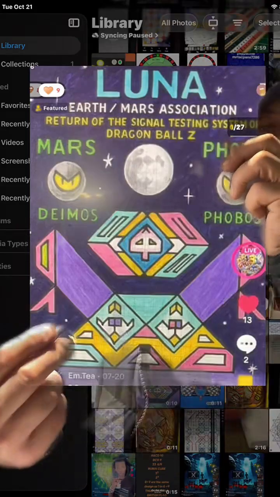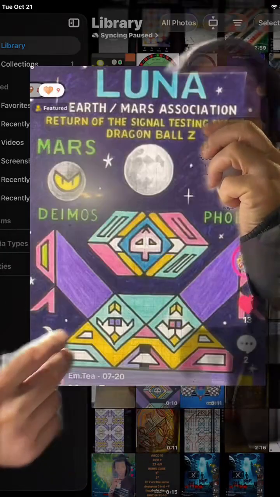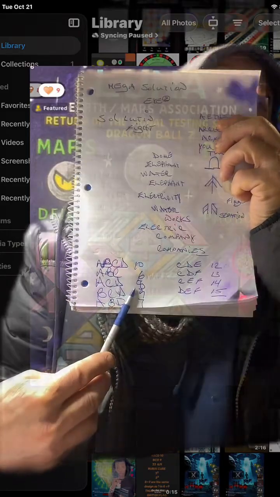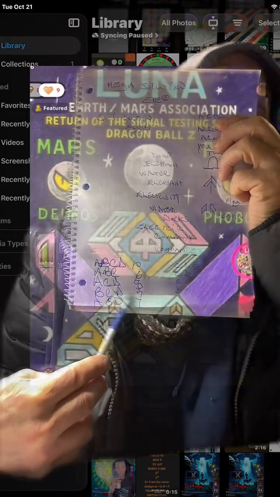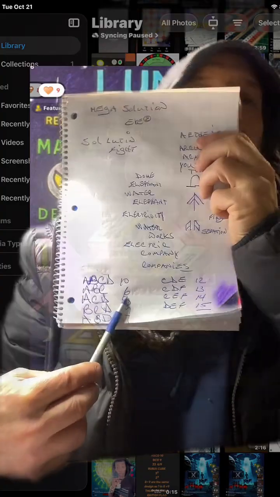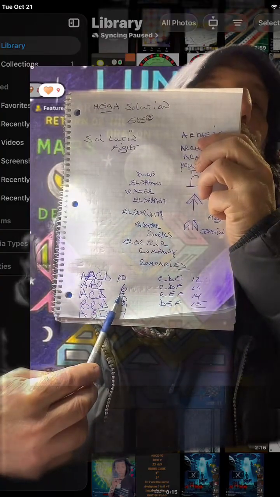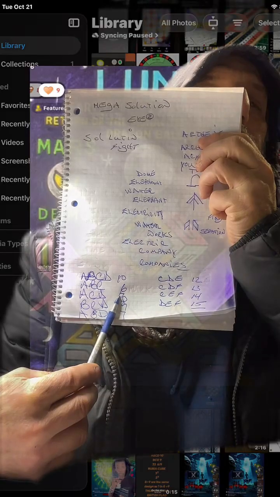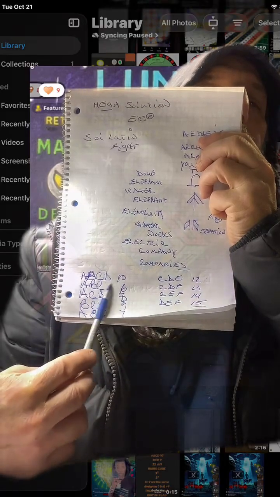A, B, C, D equals 10. A, B, C equals 6. A, C, D equals 8. B, C, D equals 9. A, B, D equals 7. 6, 7, 8, 9. The singularity of AB is 3, AC is 4, AD is 5. So when you run AD, you get 5.